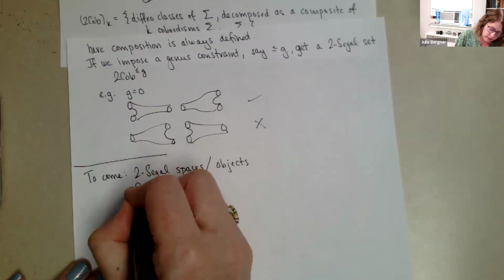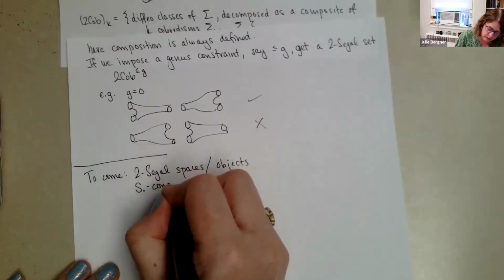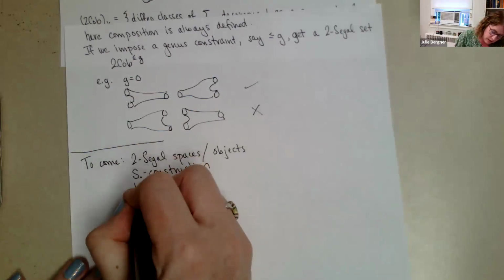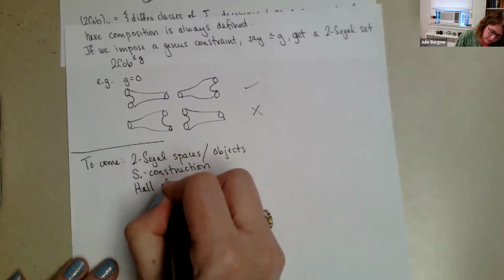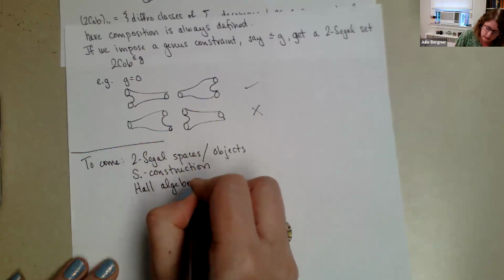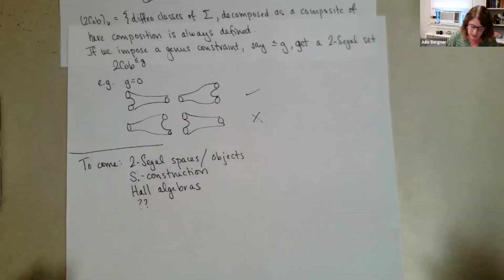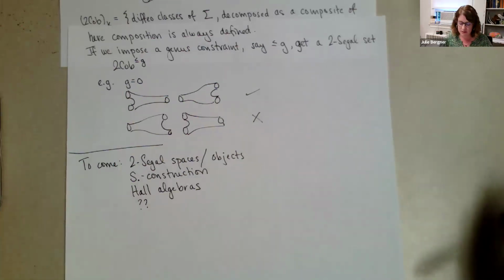Then I want to talk about the close relationship with the S-dot construction, which is important in algebraic K-theory. And then I also want to talk about Hall algebras and how these give a unifying construction of those. And we might get to some other things depending on how long those take.